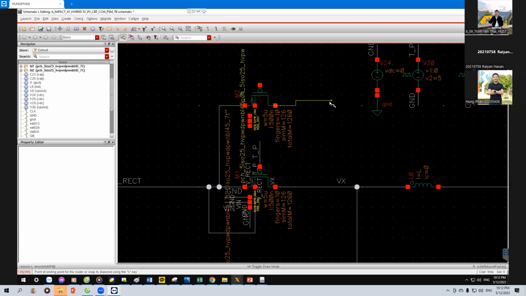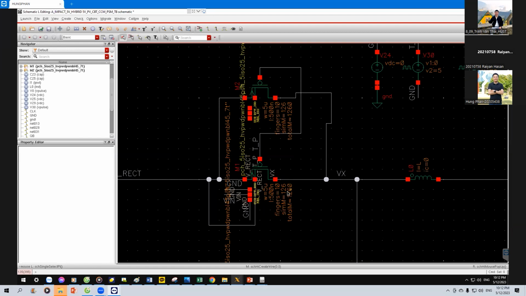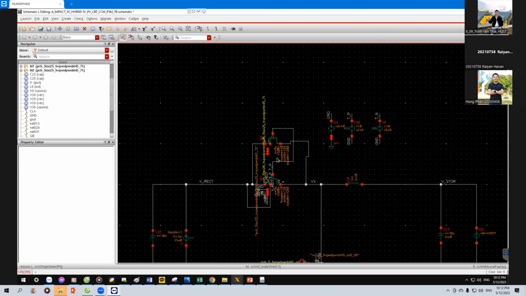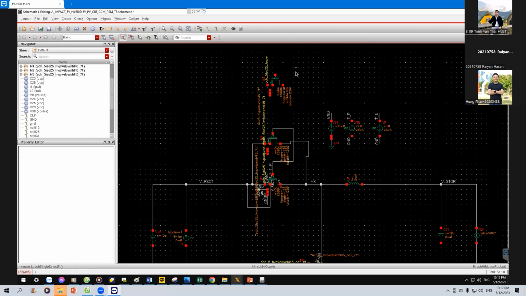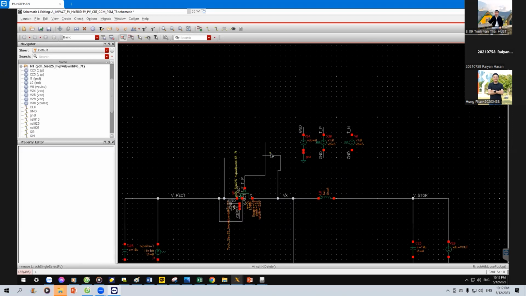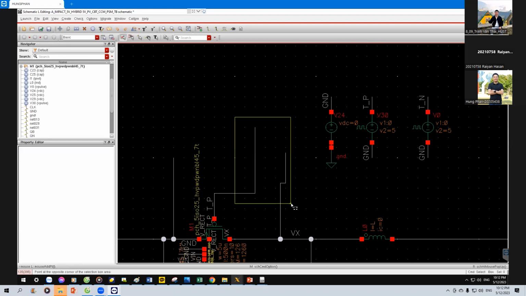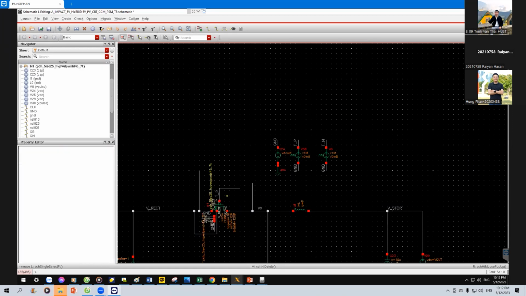Multiplier means drain, source and gate will connect together, right? 1,260 MOSFETs will connect in parallel together. But if we connect like this, it will be really big, right? So it will make a multiplier here. Got it? Okay.